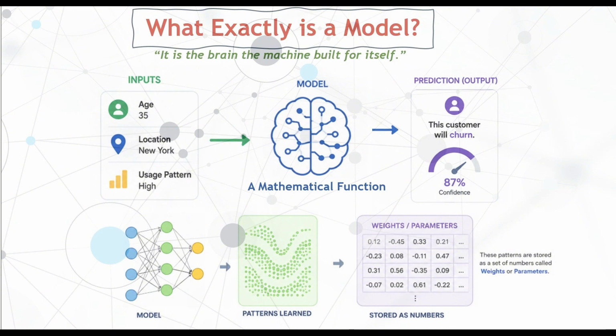So when you give the model a new input like a customer's age, location, and usage pattern, it runs those numbers through its function and produces an output like this customer will churn or this customer will stay. That's all prediction really is: taking new inputs, running them through the learned numbers, and producing an answer. That's what a model does. It's a mathematical function.